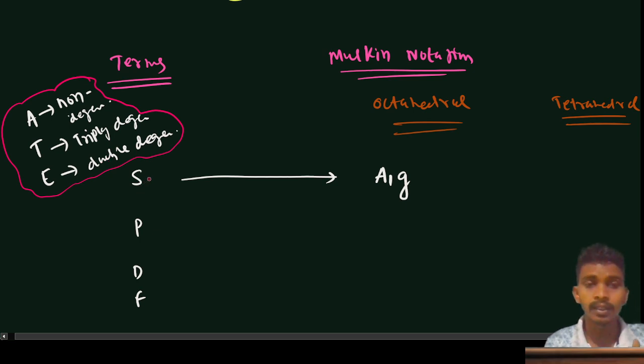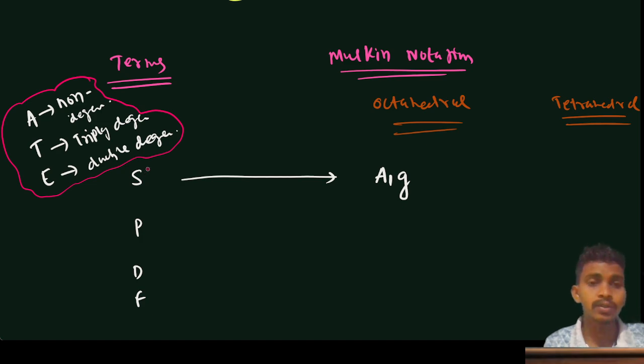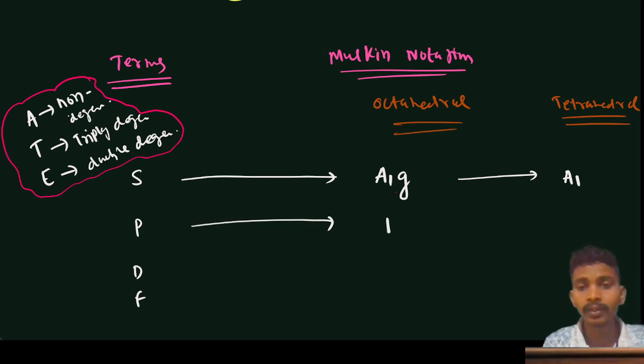So S is mainly the ground state, and whenever S, the Mulliken notation is A1g. Here also for tetrahedral, the center of symmetry is not present, so we say only A1. So g and u will not come. And for P, that will be T1g, and this is T1.